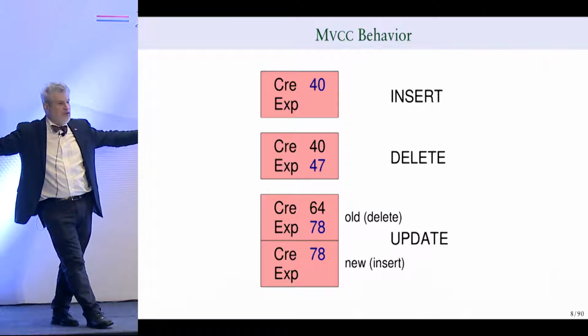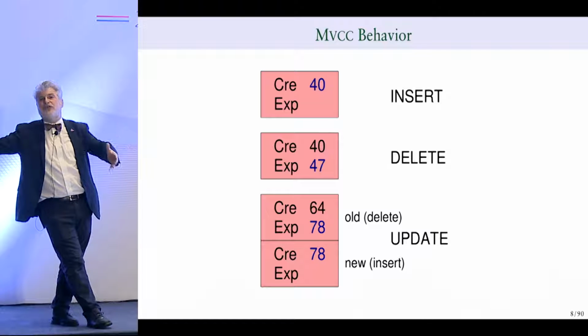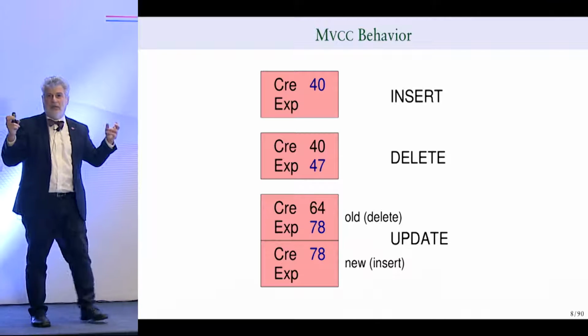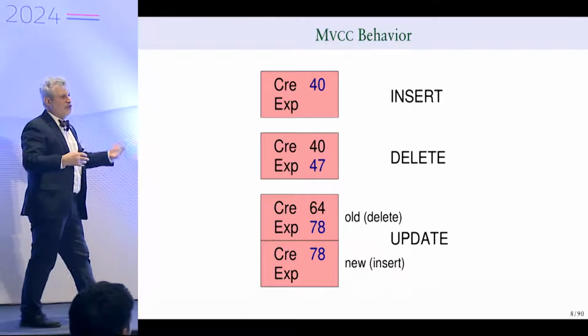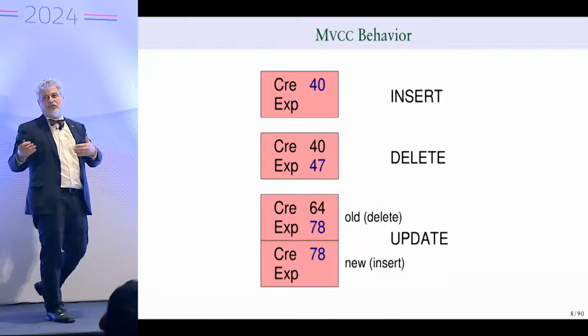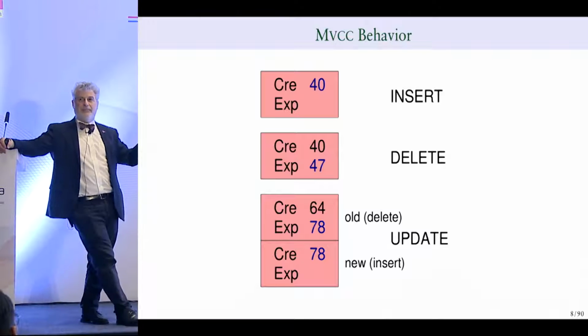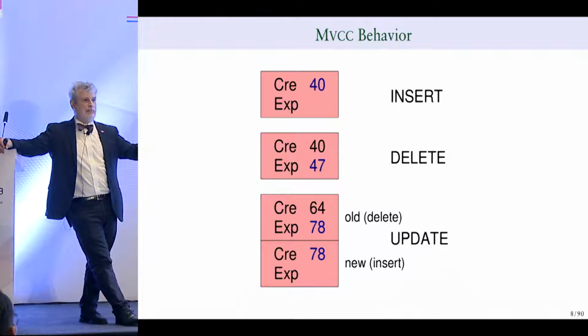And the new version is created, obviously, for future transactions, okay? So the update case is really what makes it multi-version. And obviously, this allows us to do inserts. We can do all sorts of modifications to the database while not blocking people who are reading the database. Okay? Does that make sense to everybody?